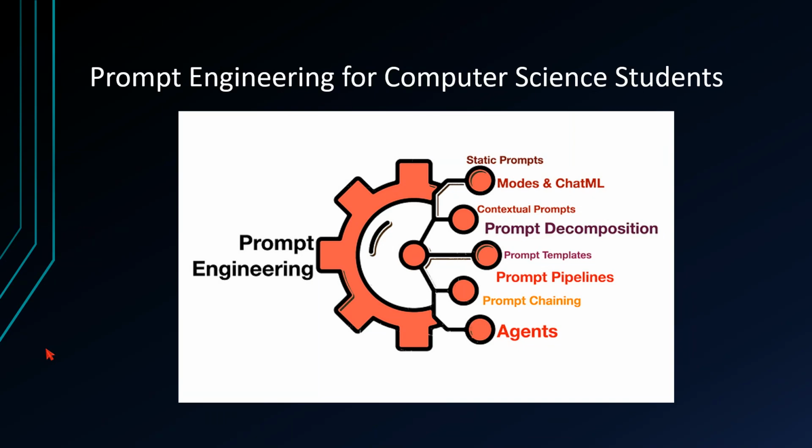And students that are going to be in the workforce in a few years, they're going to need to know how to do this. This is going to be a very valuable skill going forward when you are able to engineer your prompts correctly.